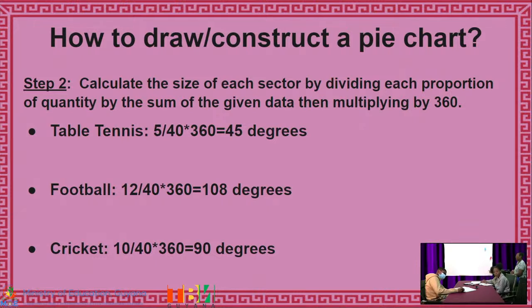Cricket is 10 over 40 multiplied by 360. If we cancel the same way, we have 10 by 9, which is 90 degrees.